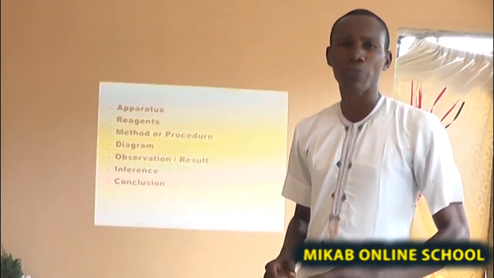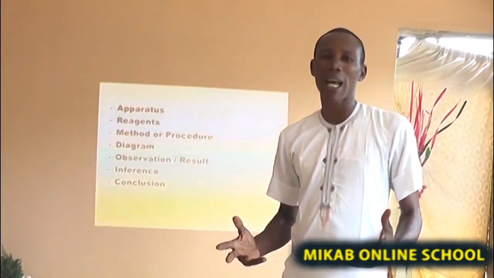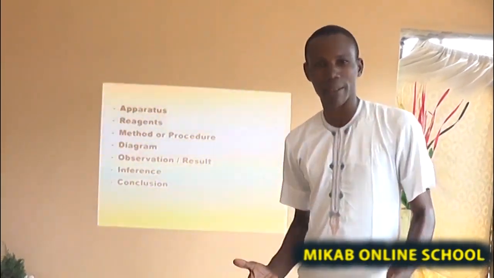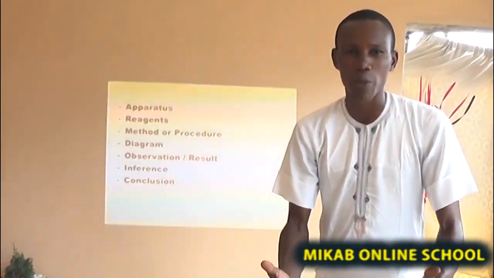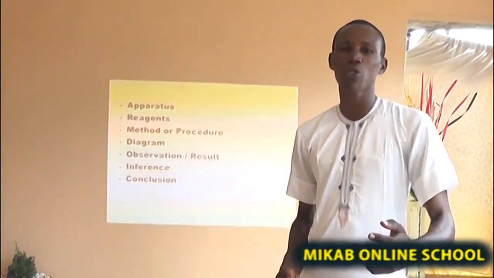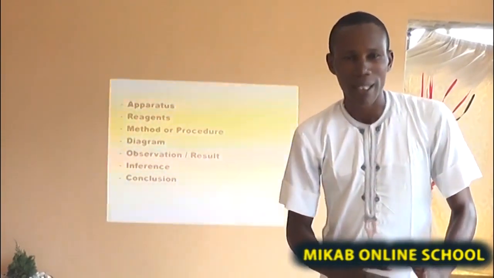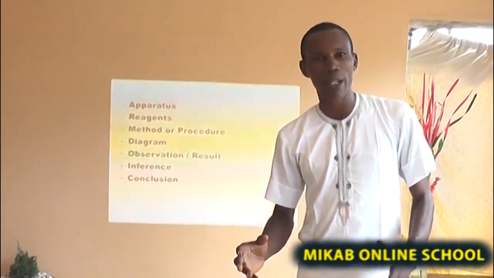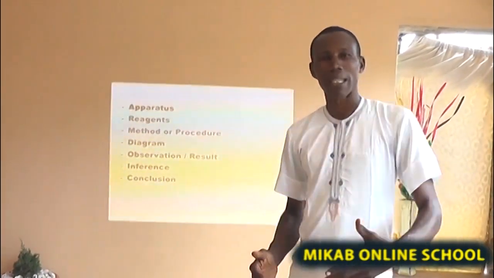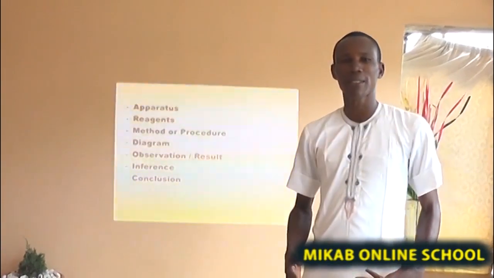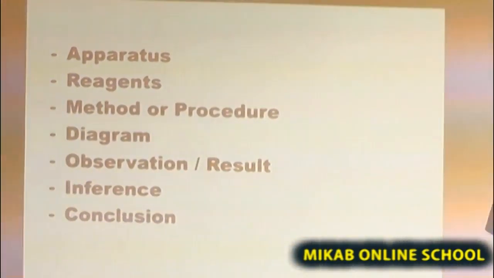As a way of summary, I want you to know that as scientists, all the time you'll be carrying out experiments. And whenever you carry out experiments, you have to report your experiment. And each time you report your experiment, you must follow all of this method, starting with the date, the title, the aim, the objective, the apparatus, the reagents, the methods, or the procedure with which you carry out that experiment.